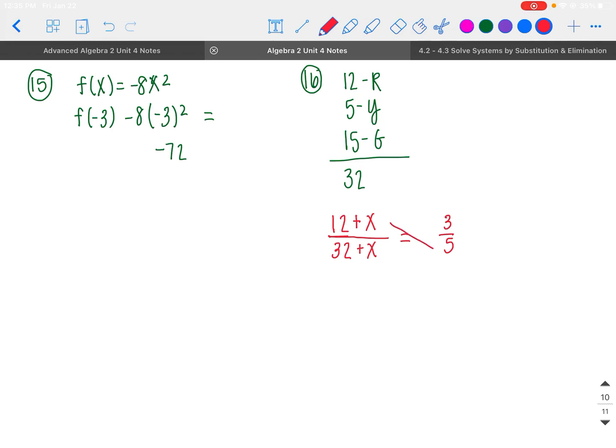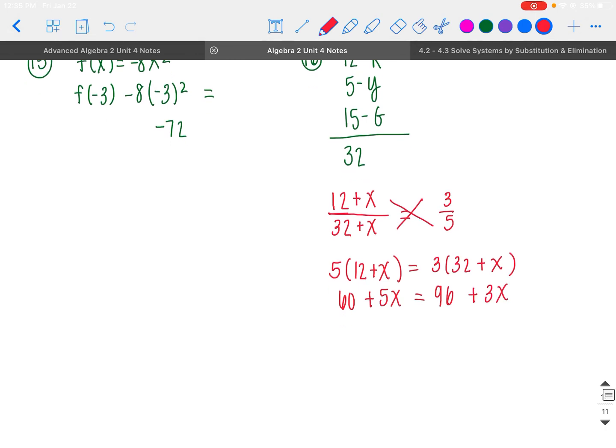And the way we solve this is we can cross multiply. So 5 times 12 plus x equals 3 times 32 plus x. 60 plus 5x equals 96 plus 3x.